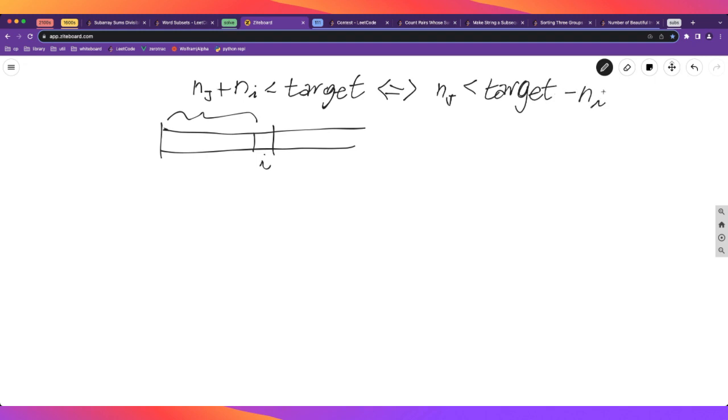We're subtracting n of I, and so here we have a number, and we want to quickly know all the numbers in this range that we can add to a data structure. We want a data structure, let's call it S, and we want to ask how many there are.